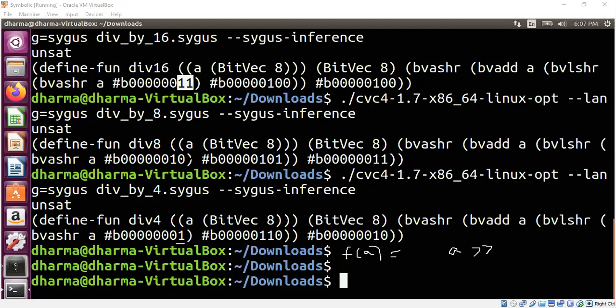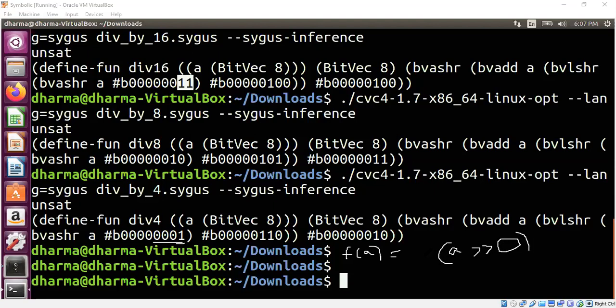So power minus 1 is the constant that we fill in here. The constant is different for different k. And then the next level is adding this to a.